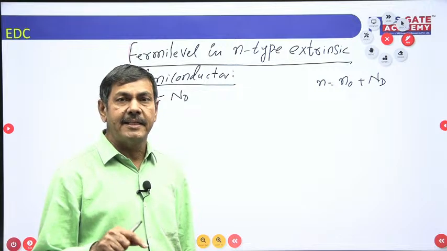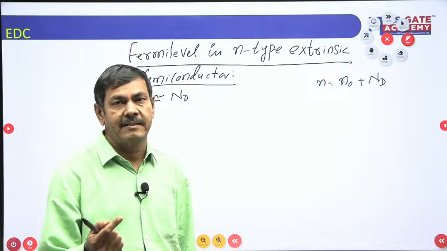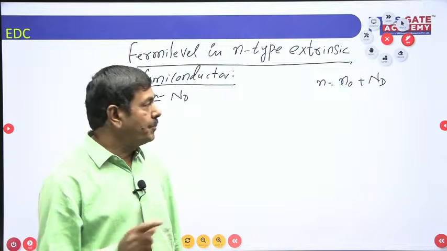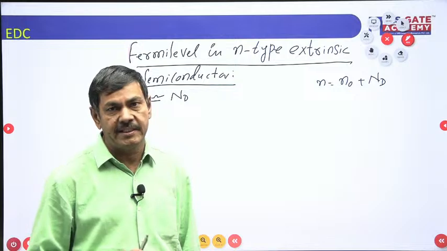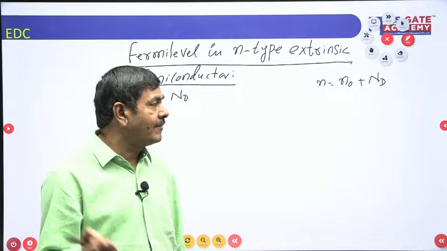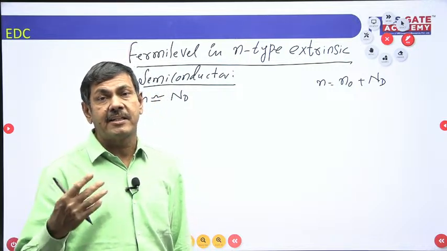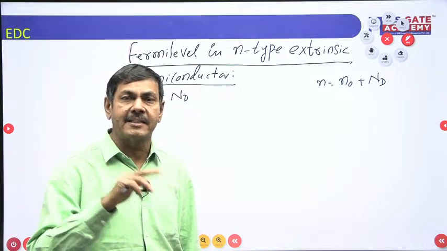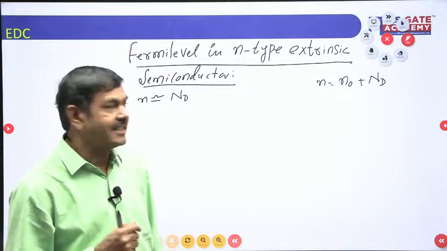Nd is the excess number of electrons attained by the semiconductor because of doping of the pentavalent atom. Due to the pentavalent atom, the electron concentration is going to increase. Even if a small amount of doping is made, more excess electrons are generated in N-type extrinsic semiconductor. That can make the semiconductor conductivity rise a lot. Understand that point.